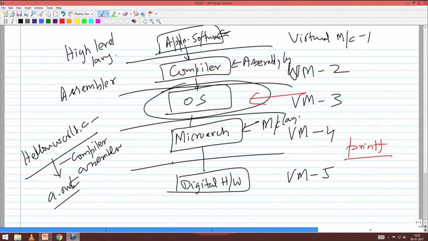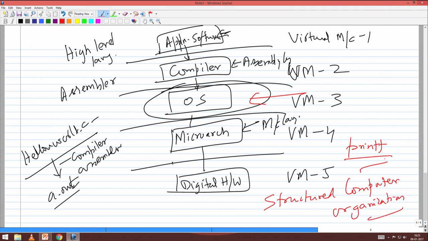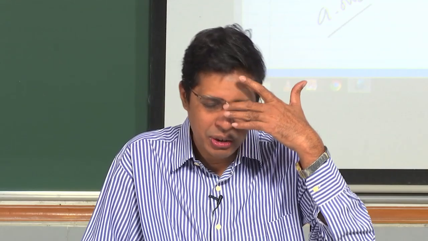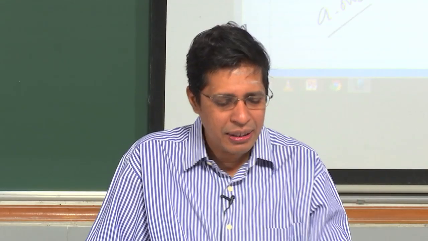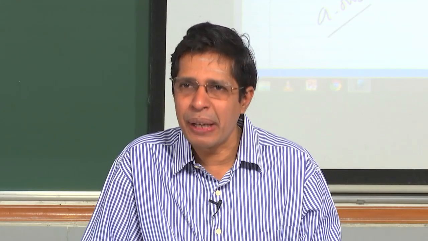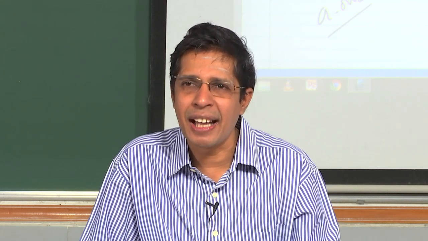So, in this entire organization, we call this a structured computer organization. In this structured computer organization, every machine, I call it a virtual machine in the sense that the person working at that level, for example, if I am writing an application software, I need not really bother who is going to compile my code, what is the underlying architecture.